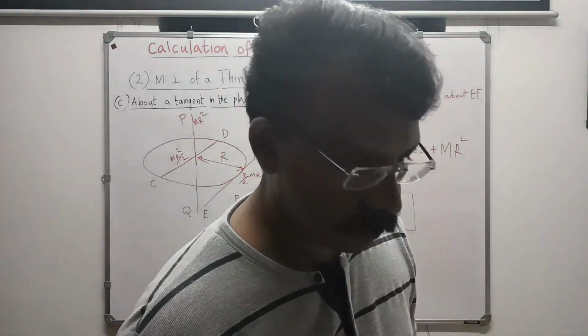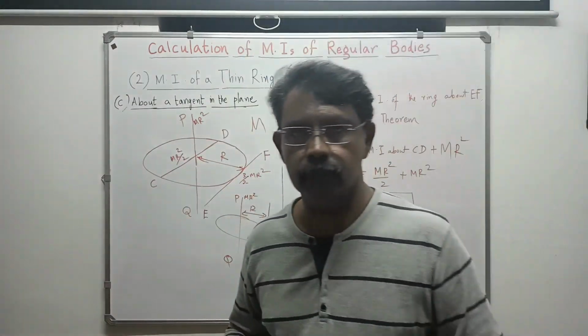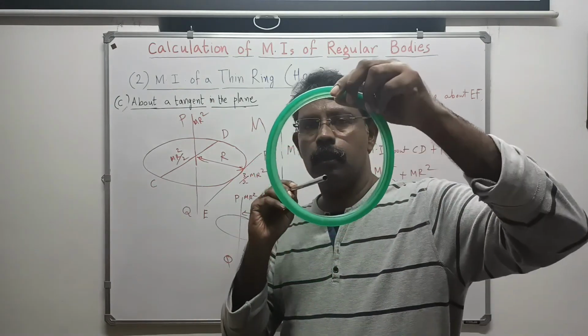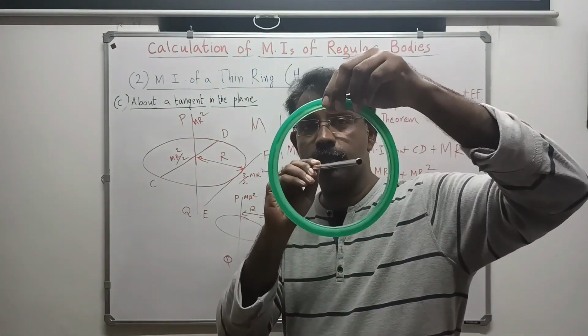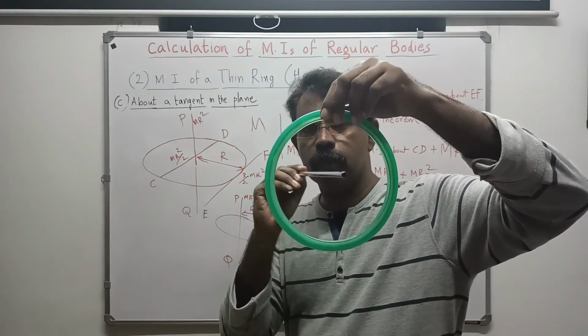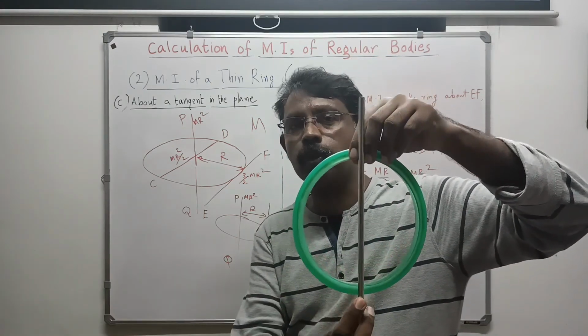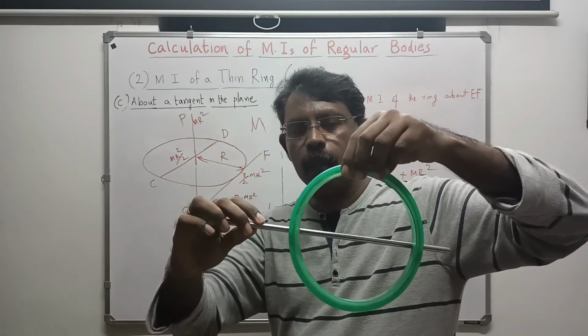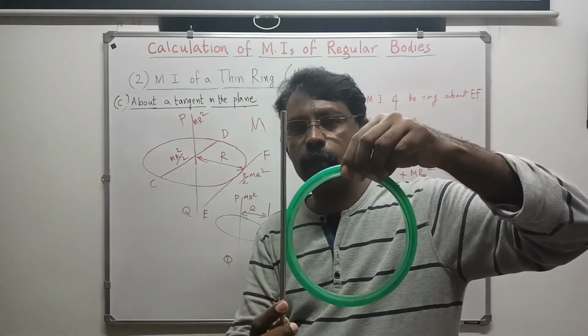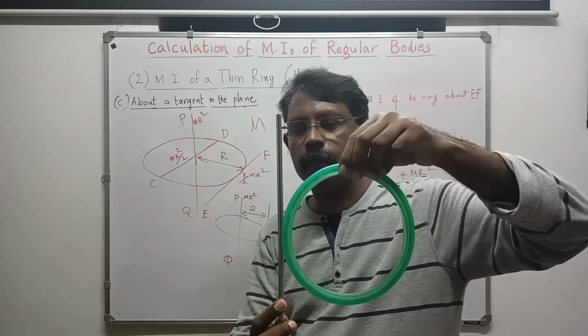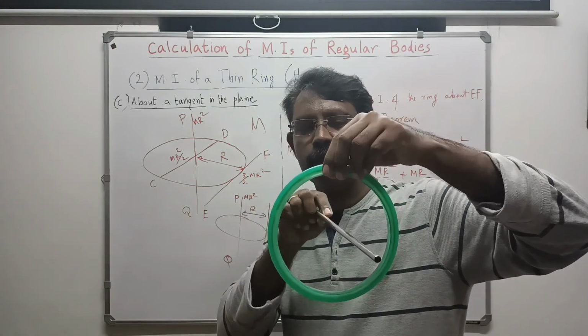So to sum it up, about this axis it is mr squared. About this diameter it is mr squared by 2. About this it is 3 by 2 mr squared.